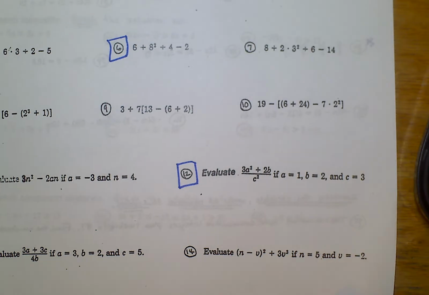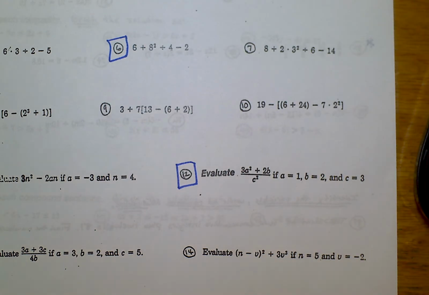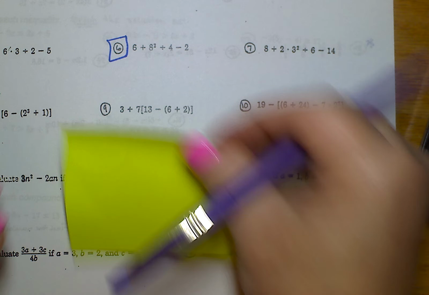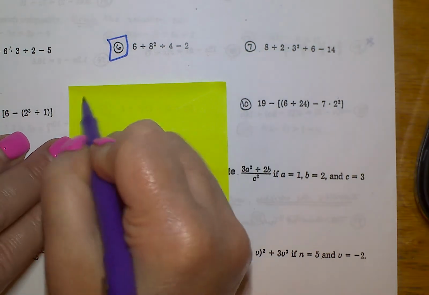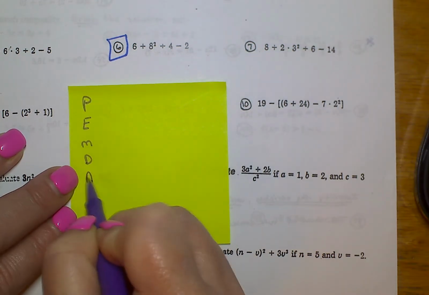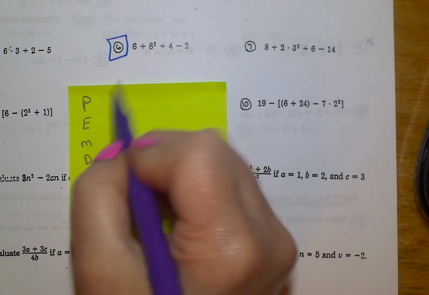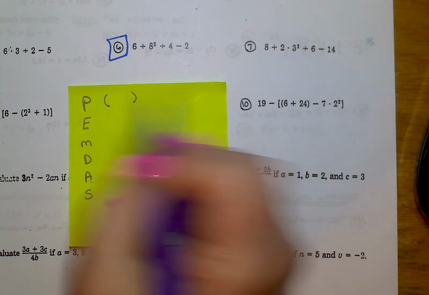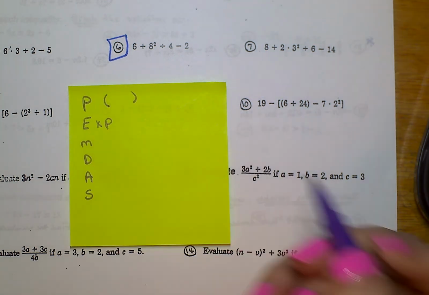Going to order of operations, you want to do PEMDAS. Remember, with PEMDAS, it's very important to follow the rule. That stands for your parentheses or grouping. That stands for your exponents.